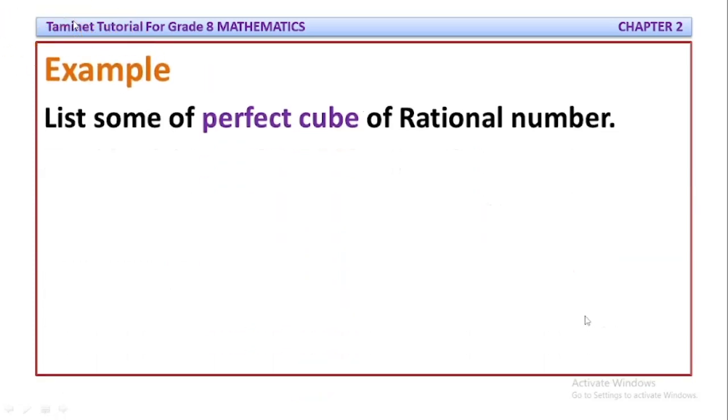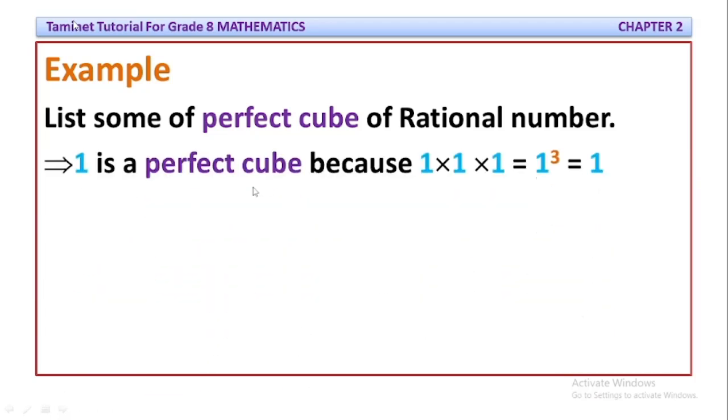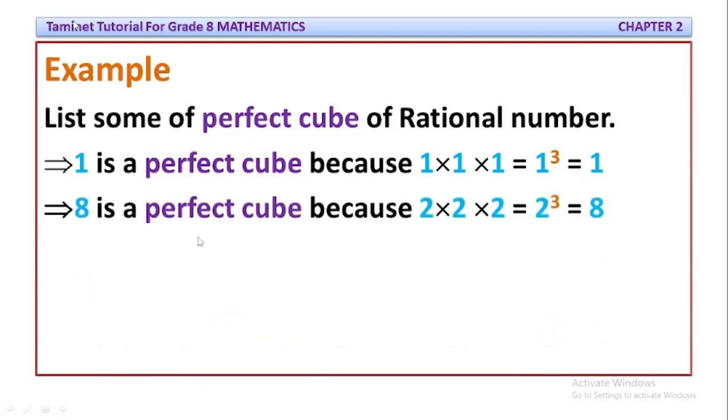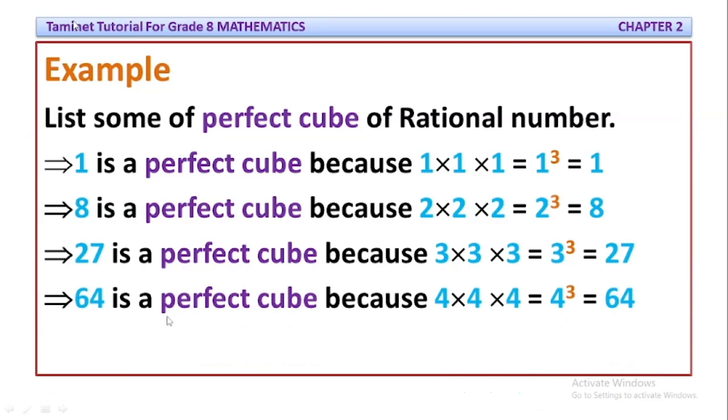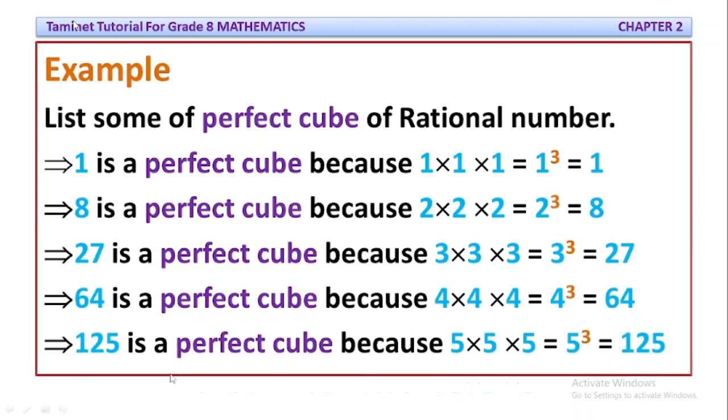For example, some perfect cubes of rational numbers. 1 is a perfect cube because 1 times 1 times 1 is 1 cubed, which is 1. 8 is a perfect cube because 2 times 2 times 2, or 2 to the power of 3, is 8. 27 is a perfect cube because 3 times 3 times 3 is 27. 64 is also a perfect cube because 4 times 4 times 4, or 4 to the power of 3, is 64.